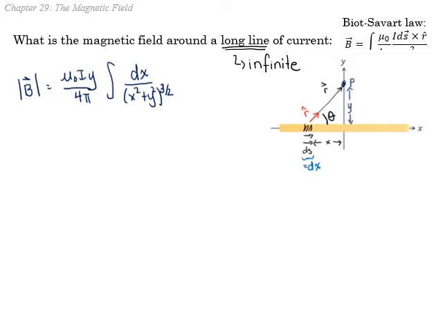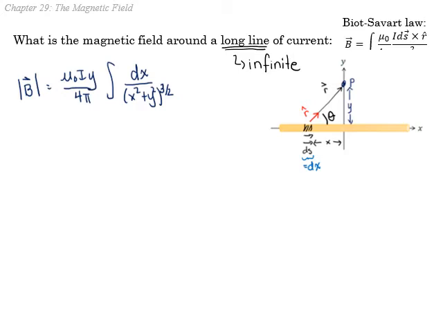Now, infinity is funny. If we do our integral from minus infinity to plus infinity, it doesn't really account for the direction of the magnetic field or the direction of the infinity. And if you try that, you'd actually end up getting a total magnetic field of 0, which we know is not true. So let's try another tactic.